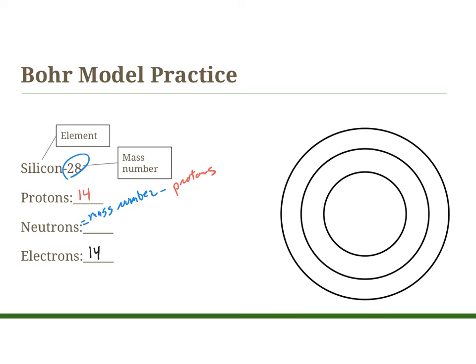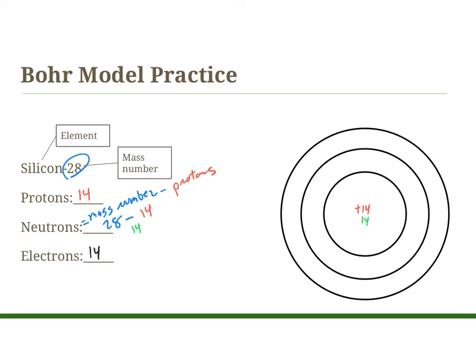So in this case, it's going to be 28 minus 14. If I do my math right, I get that it is 14 for the neutrons. So I'm going to have plus 14 and 14 in my nucleus, and I'm going to start placing electrons.